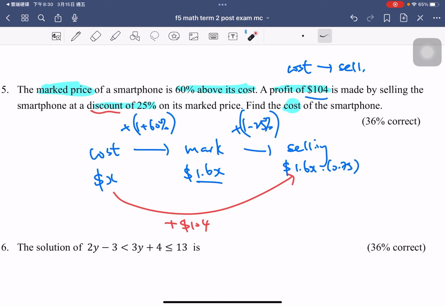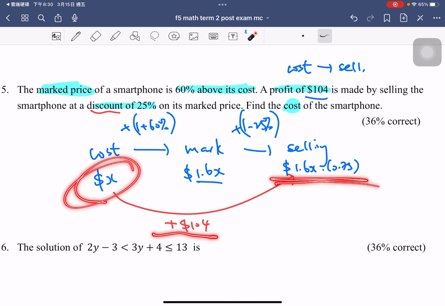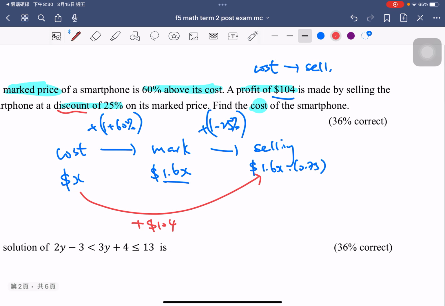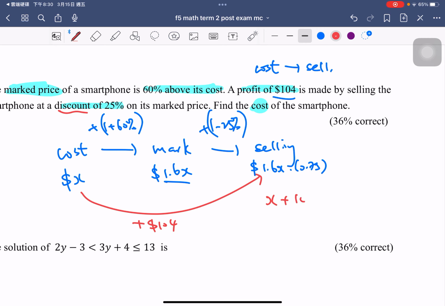And then the x plus the $104 is going to give you the selling price. So now we can set up an equation, which is x plus 104 is equal to 1.6x times 0.75. So use your calculator to finish it. For this part, it's going to be equal to 1.2x giving you 104, so that x is equal to 104 divided by 1.2, giving you 86 and 2/3.